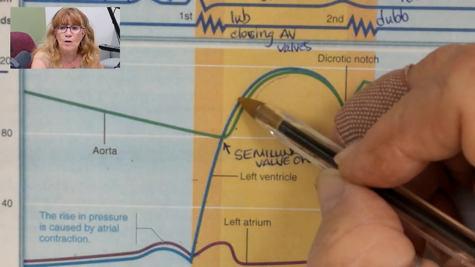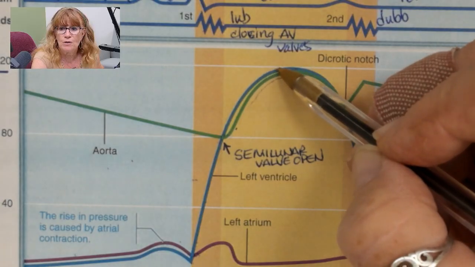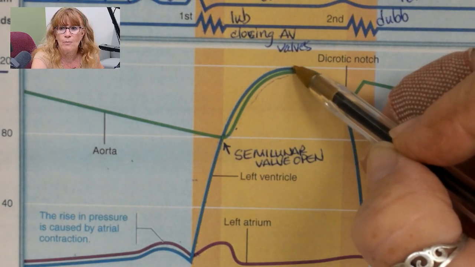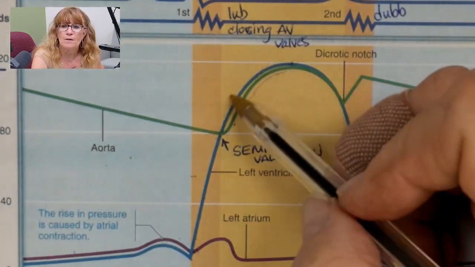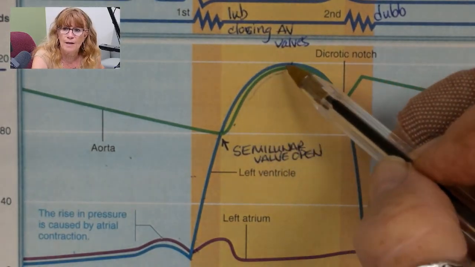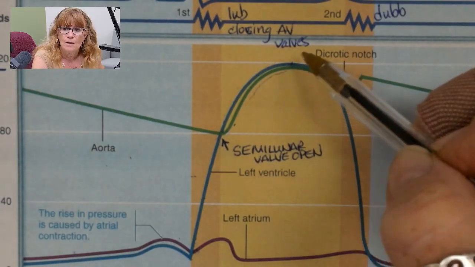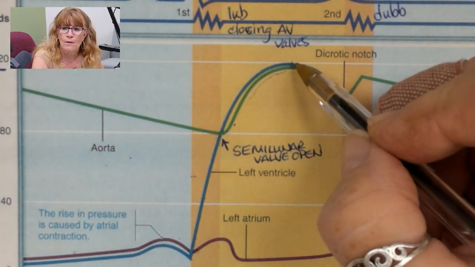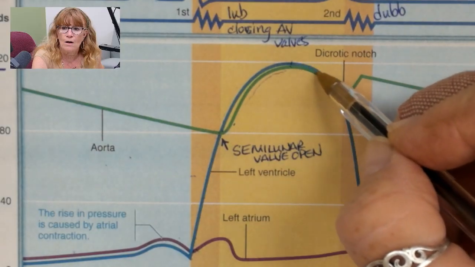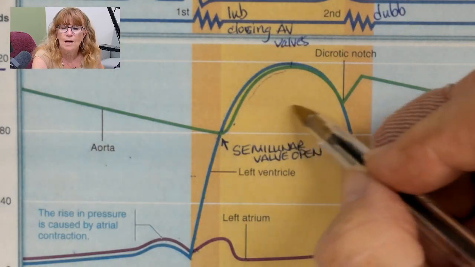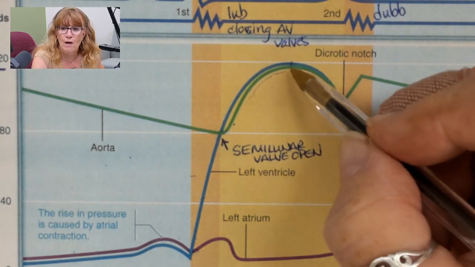We are still contracting the ventricle, and the pressure is still rising till we get to about right there. What that means is that there is now enough blood in the aorta that the pressure in the aorta and in the ventricle are pretty much the same, and I still have that semilunar valve open.